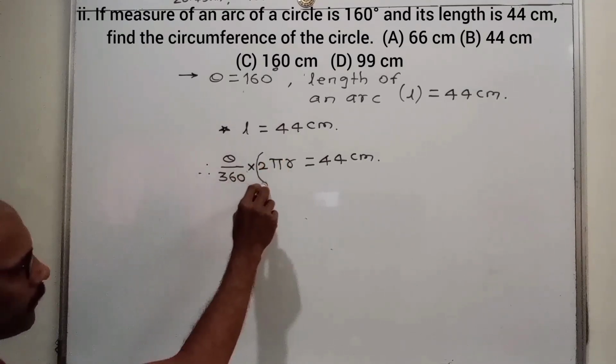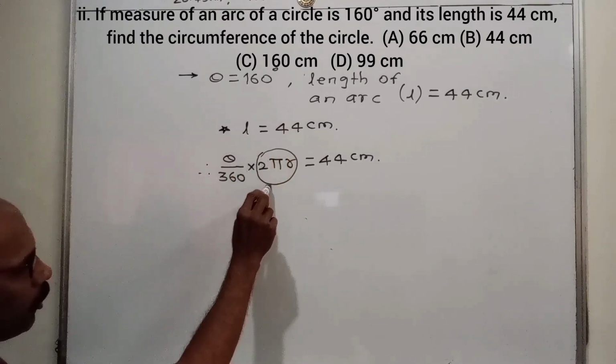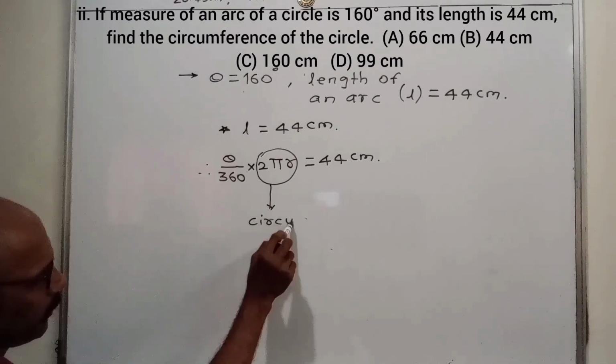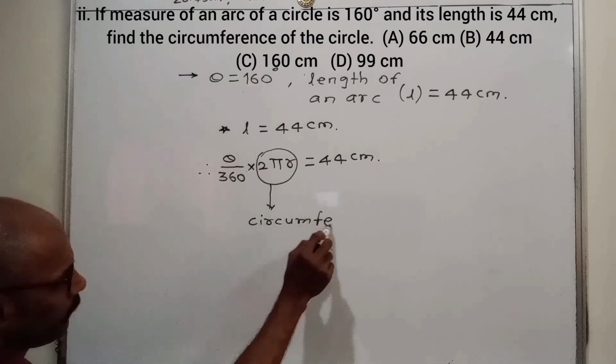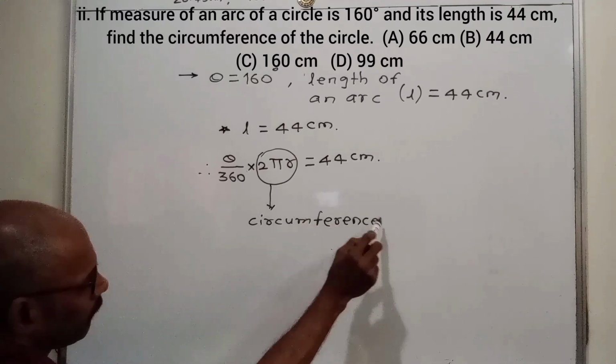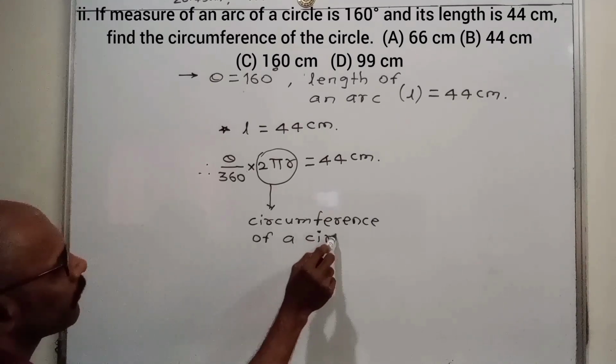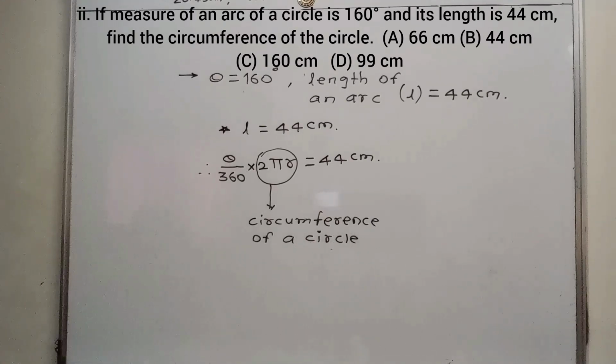See this. This part is called circumference of a circle. So there is no need to find radius.